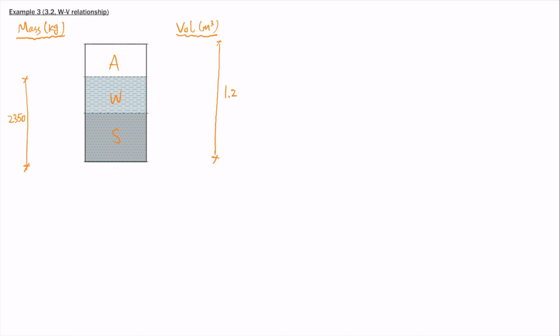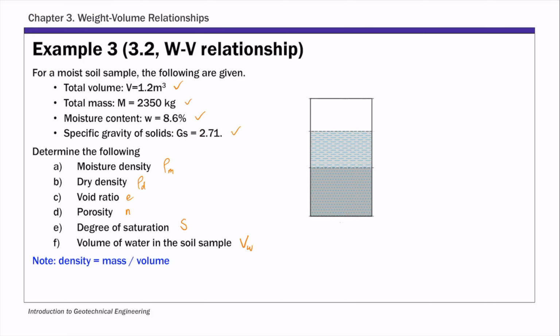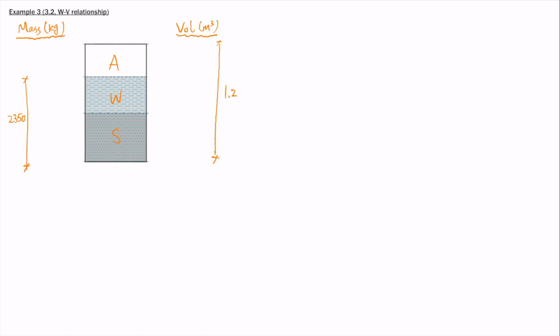And then we also know the moisture content. So moisture content for this example is 8.6%. So we know that the definition of moisture content is weight of water, or in this case, mass of water over mass of solid. Okay.